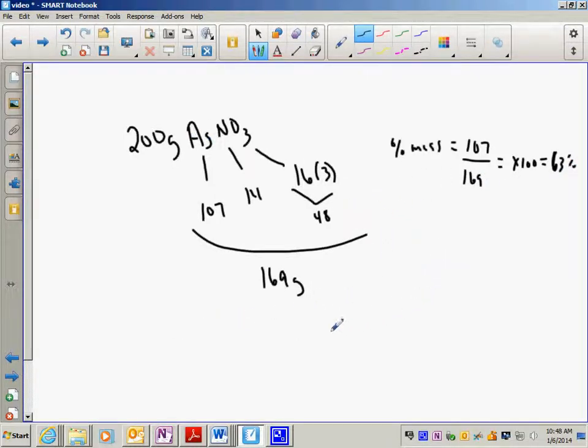So I could simply use a proportion, which would be 107 over 169 equals, and then of the total mass, 200 grams, this is total. This is just the mass of the silver. So I want to find the mass of silver in 200 grams, cross multiply, and divide.